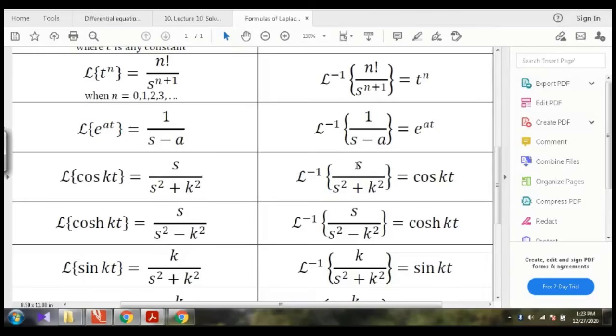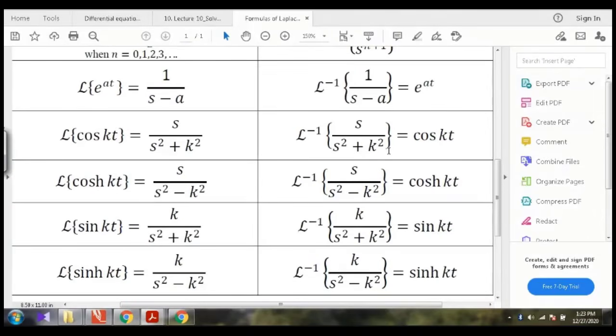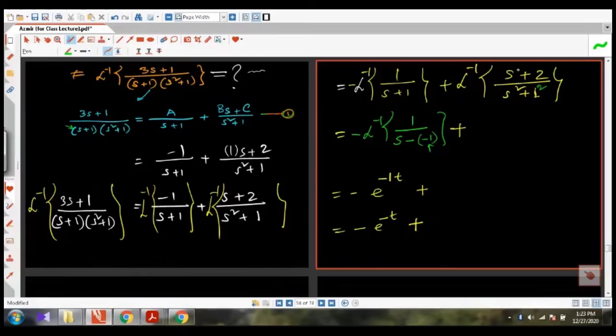But whatever we have here, we have s and 2. Both the variable and the constant are present. So we don't have any direct formula for this.